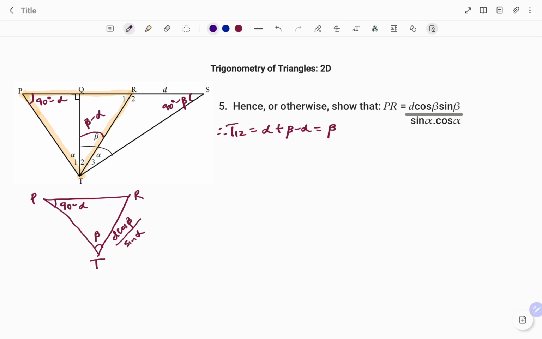So therefore, using our sine rule, note that we are looking for the line PR.